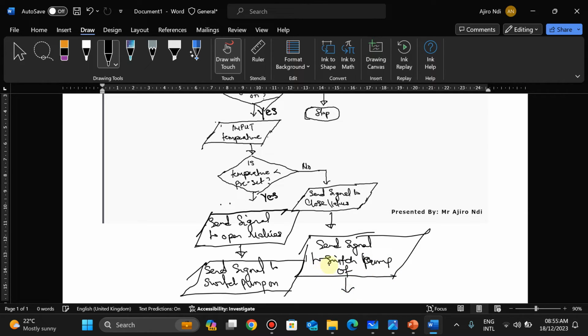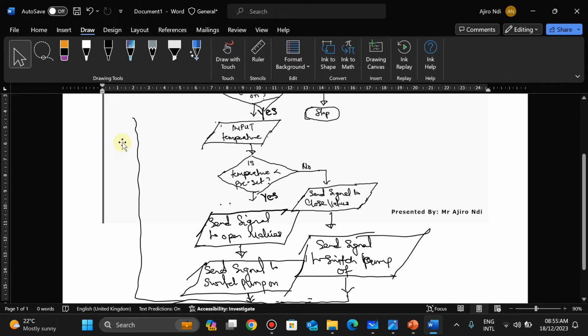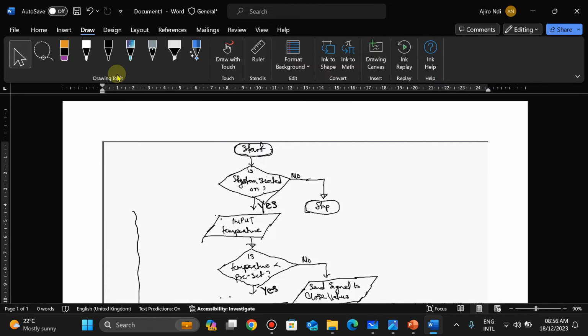So I have an arrow here and I have an arrow here. And right here, they are connected, and they go up till they come here.